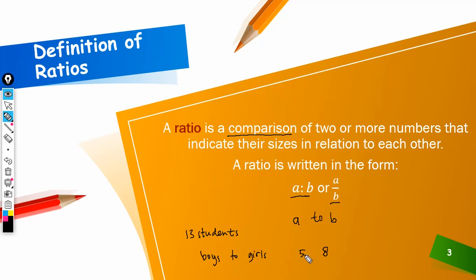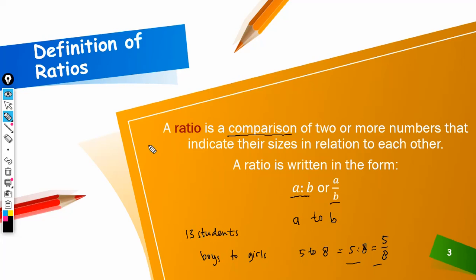So you can say the ratio of boys to girls is 5 to 8, or you can write it like this. Okay, so that's a ratio.